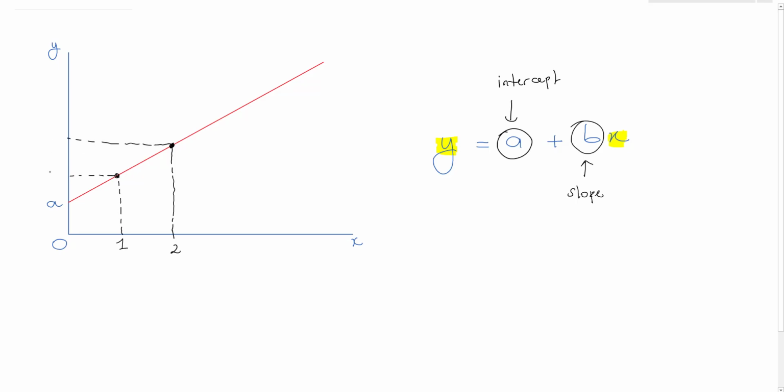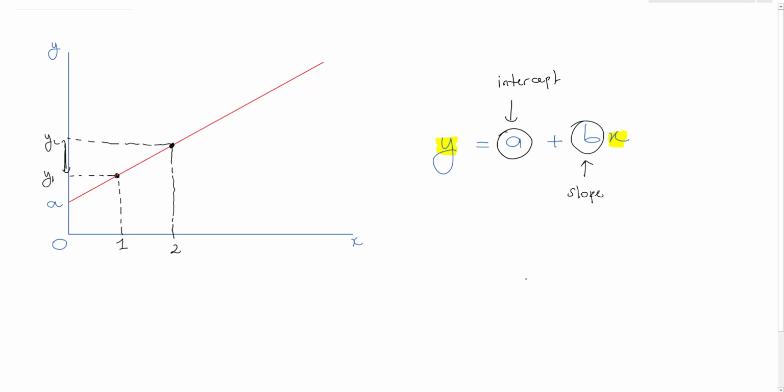All right, so because we don't really have real values here, I'm going to call this value here y1, and I'm going to call this value here y2. So we want to know what's the difference between these two values. Well, the answer is the slope. The slope is b. So y has increased by b when x increases by 1.